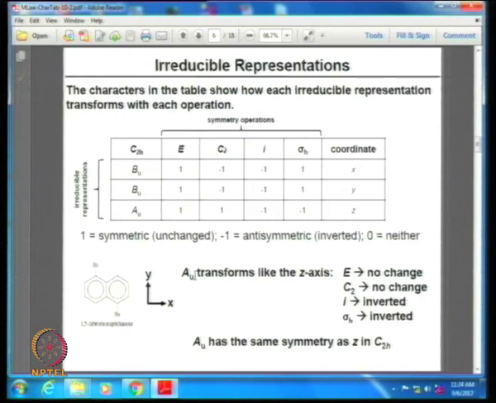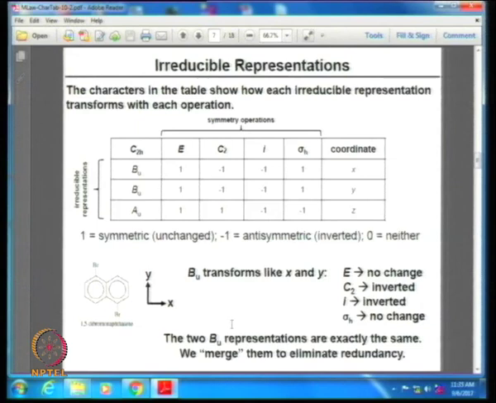Here it's explained, the AU transforms, the lowest one transforms essentially like the Z axis, the others don't. So the things that don't change, we get 1, the things that get flipped, we get -1. If it neither was symmetric nor antisymmetric, then we would have to put entry 0.